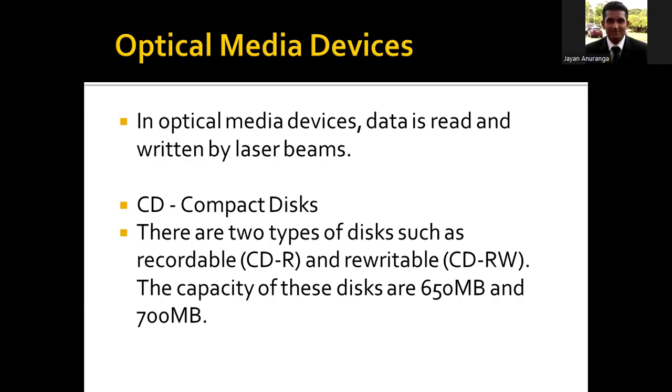The capacity of these discs is 650 megabytes and 700 megabytes. Normally, previously a CD was able to write only once, and we could not write data again. But with the enhancement of technology, currently a CD can be written again and again. We can write, erase, and rewrite them. It is introduced as a rewritable CD, especially CD-RW.